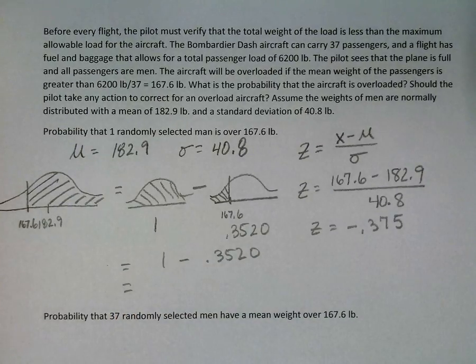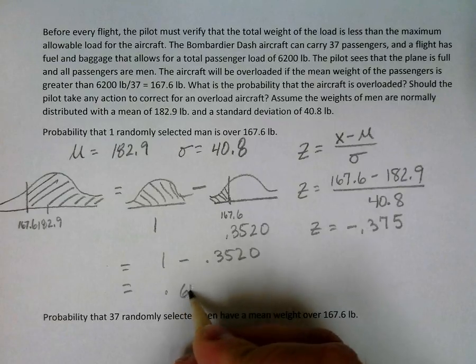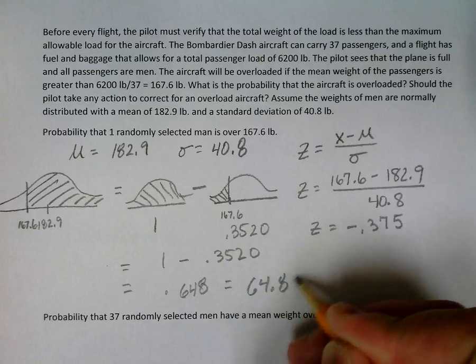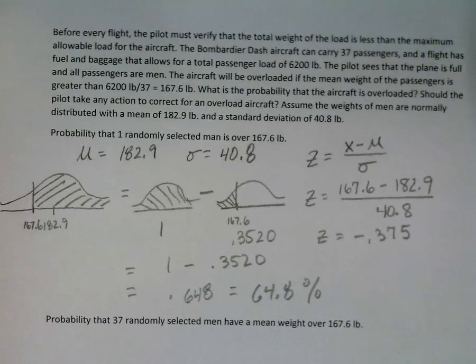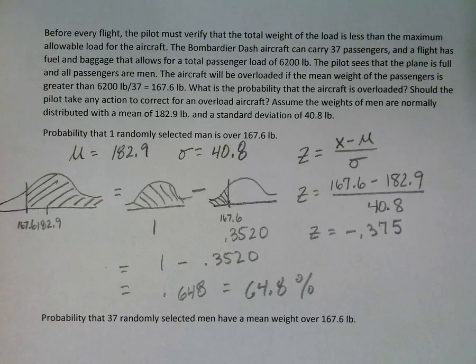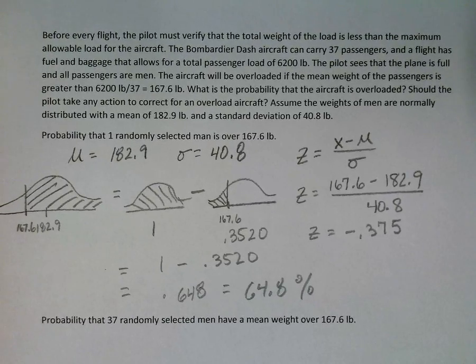Okay, and when we do that, we get 0.648. So there's roughly a 65% chance that if we selected one randomly selected man from the population, that they're going to weigh more than 167.6 pounds.